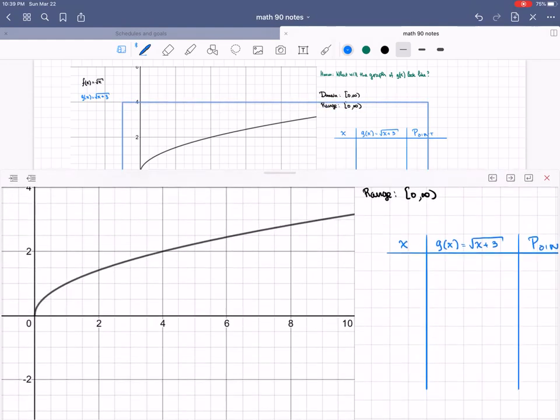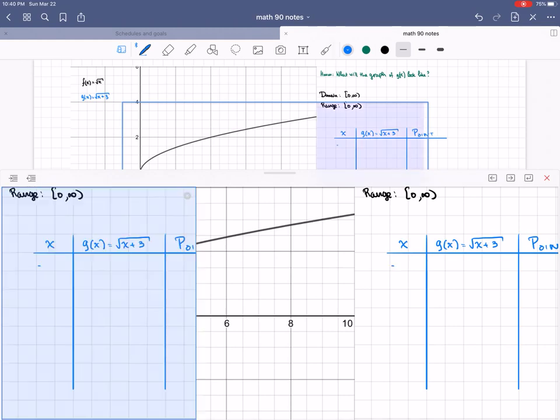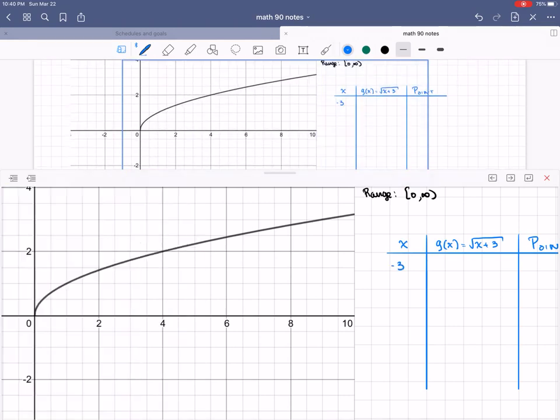Again, it doesn't matter what x values you pick, but you want to be mindful of the domain. For the square root of x plus 3, our functions only deal in real numbers, so you cannot have a negative underneath the square root. So the smallest value of x that you could possibly take is negative 3. And then we'll go from there. So maybe we'll take negative 3. Let's take negative 2. And then we'll take 1. I'm just going to take those 3 values, and you'll see why in a second.